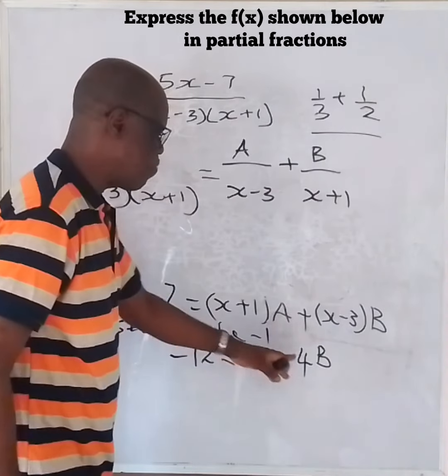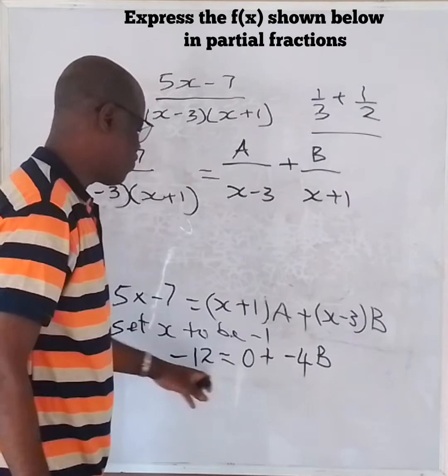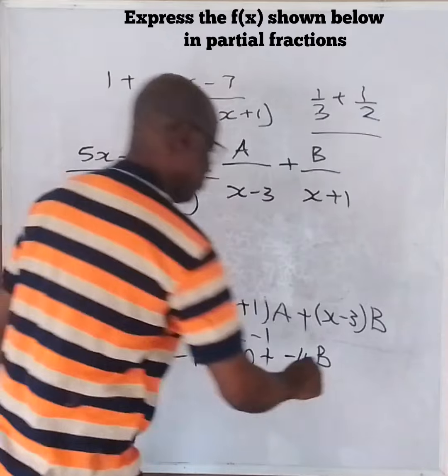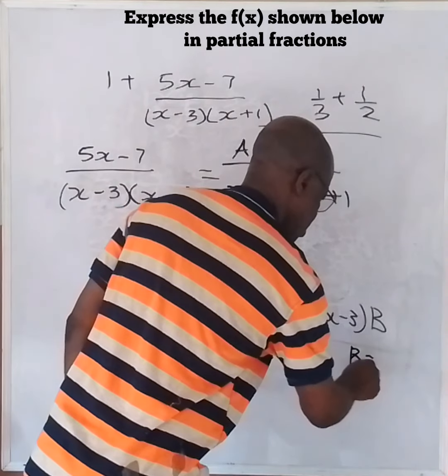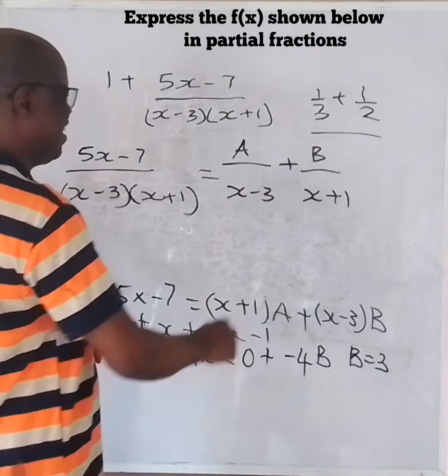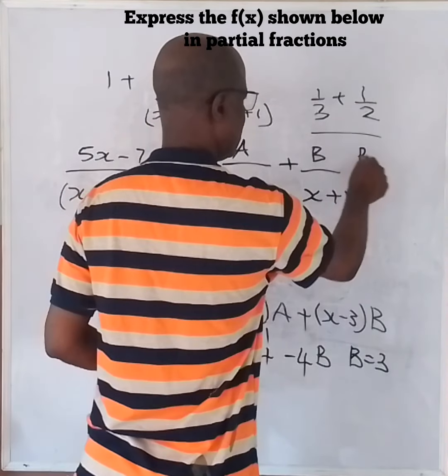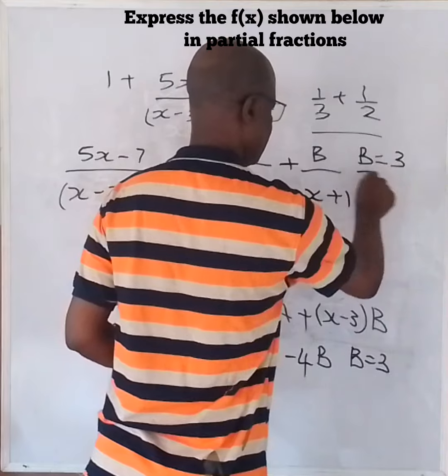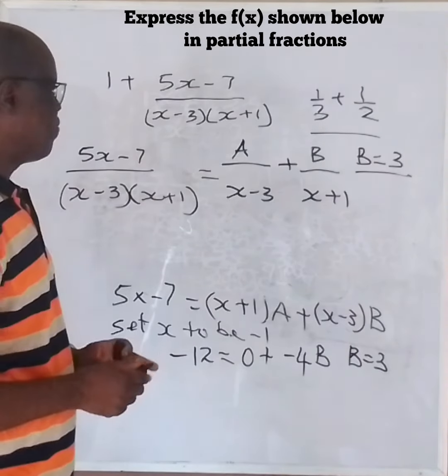So you have minus here, you have minus here. So divide both sides by minus 4. Your B is 3. So let's put that one somewhere. Our B is 3. So that's the first thing.